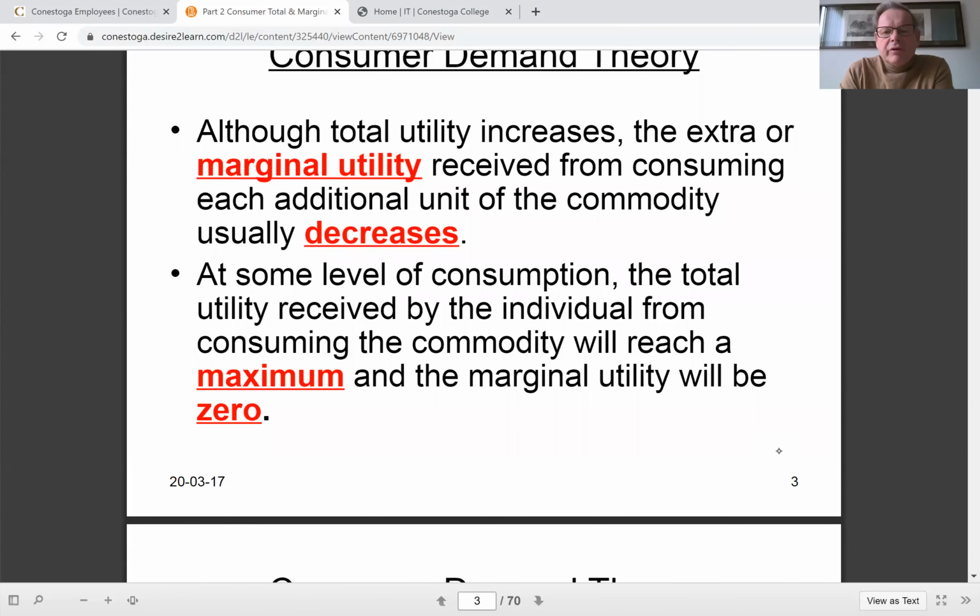At some level of consumption, the total utility we receive from consuming the commodity will reach a maximum. Please highlight that word maximum, or make a note of it. That is where marginal utility is equal to 0. Wherever marginal utility is equal to 0, the total utility has been maximized.